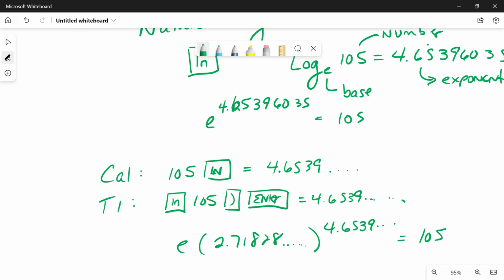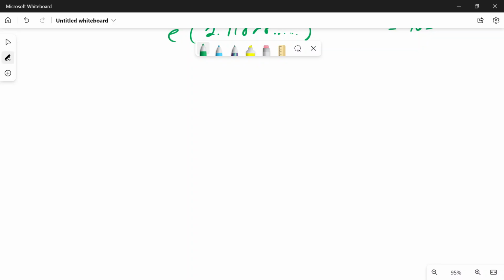So we're going to do a little bit of work with this now. If I've got log base 2 of 8, that's going to equal 3. I also know that 2 cubed equals 8. This 8 right here we call the antilogarithm.